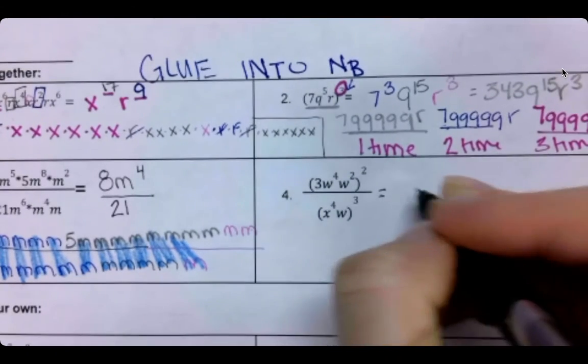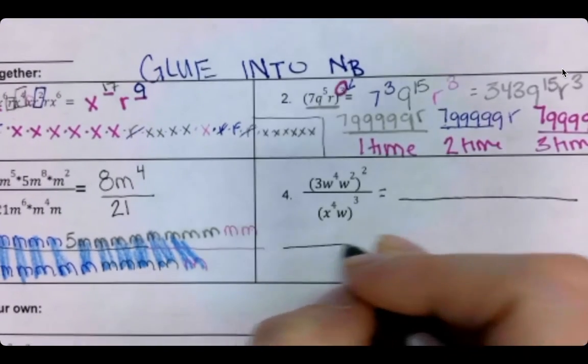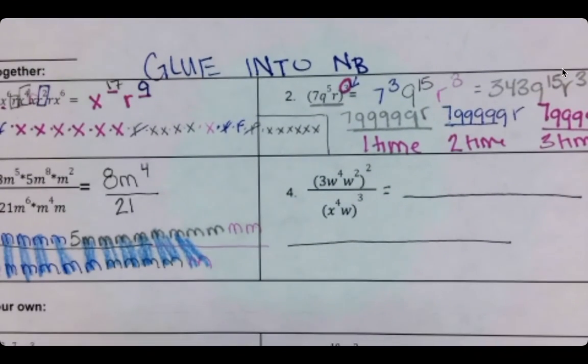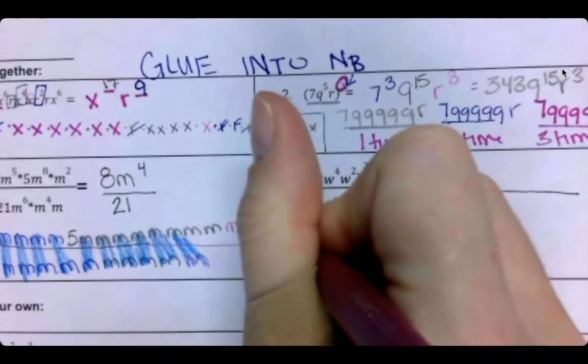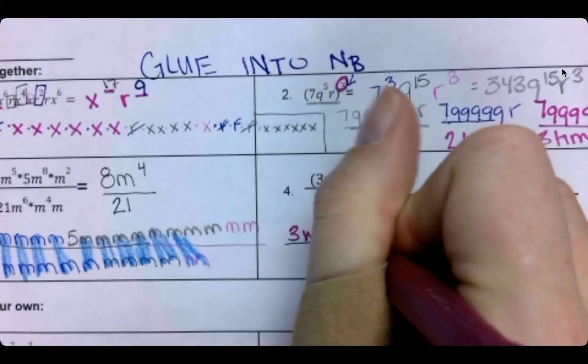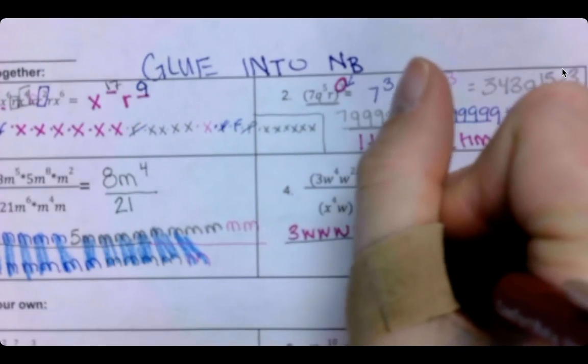For the second one, or for number 4, again, draw your line. Notice how we have a parenthesis this time with an exponent. So in this case, right, that 3, 1, 2, 3, 4, 1, 2.